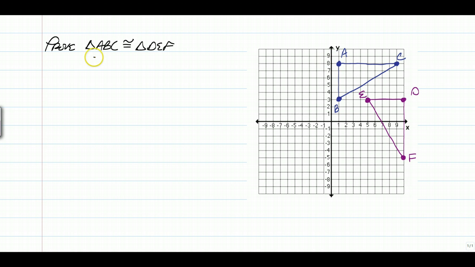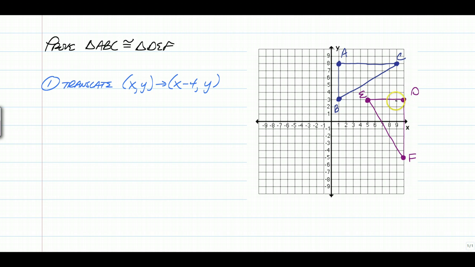We know that A has to match up with D. We know B matches up with E and C matches up with F. So the first thing I'm going to do is map E to B. To do that, I'm going to first translate (x, y) to (x - 4, y).